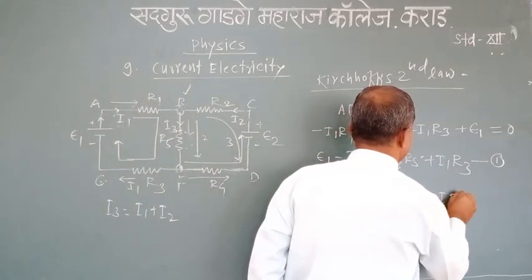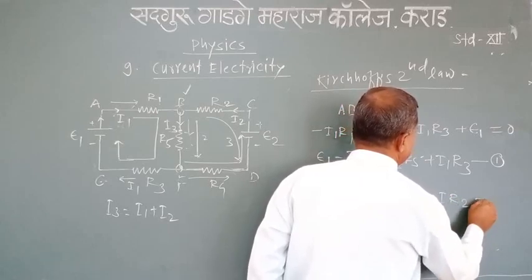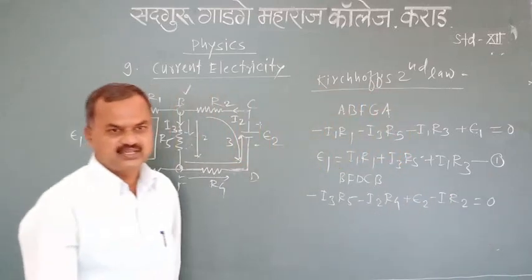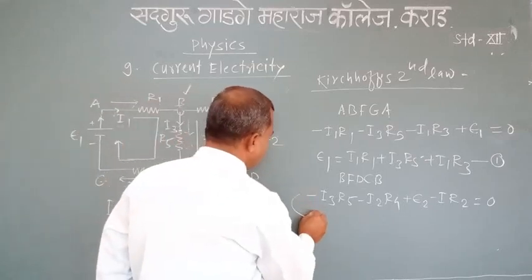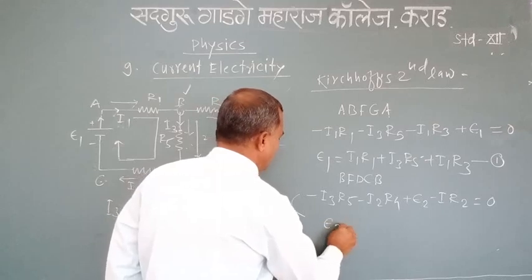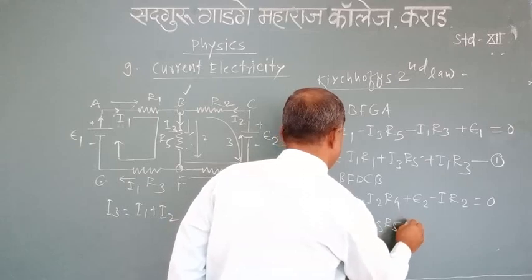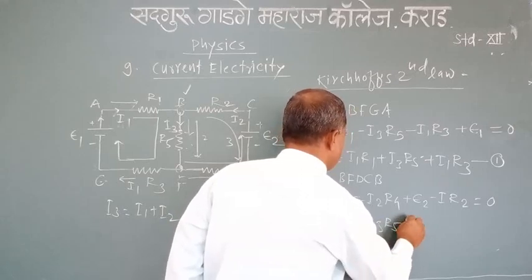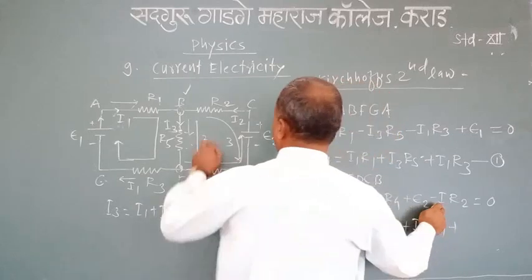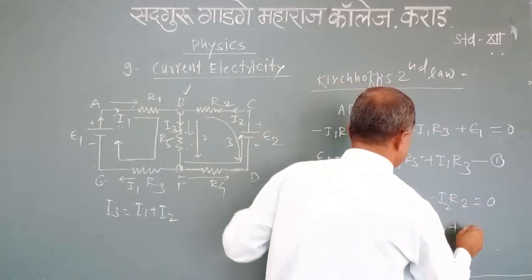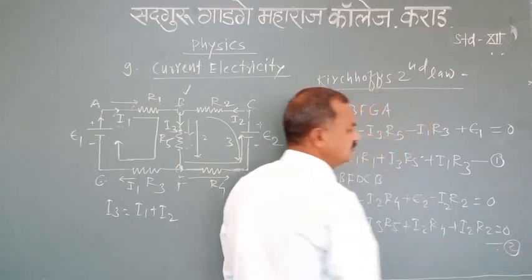Minus I2 R2 is equal to 0 according to Kirchhoff's second law. This equation can be written like this: E2 equals minus I3 R5 plus I2 R4 plus I2 R2 equal to 0. This is equation number 2.